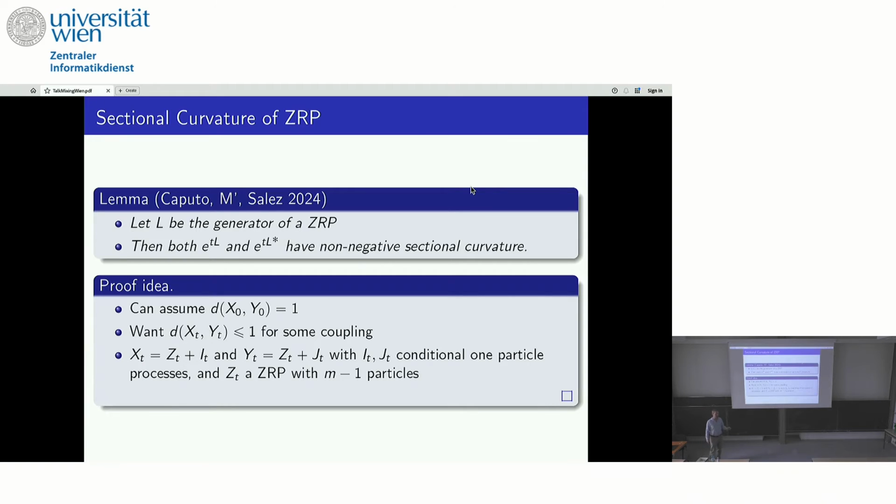So this means you will find a state with m-1 particles, which we call z, and then we construct the zero range process by first moving z, and then the remaining particle can be considered as a conditional process on z, and for xt we call this remaining particle IT, and for YT, we call it JT. And for all times, the two processes will just differ by one particle, which means that the Hamming distance will always stay 1, which means that we have non-negative sectional curvature.